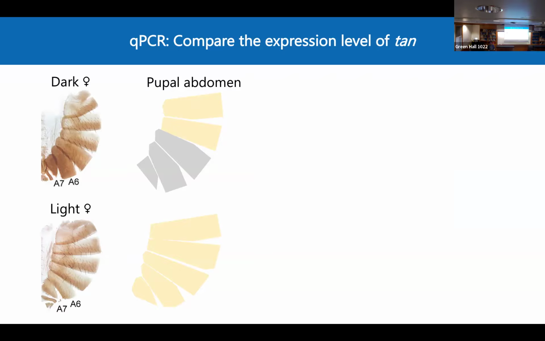What I did is at first dissect out the pupal abdomen and chop it into two pieces, the posterior region and anterior region, and then extract RNA. For the light flies, I did the RNA extraction from the posterior region and compared the expression level of tan between the segments and genotypes.